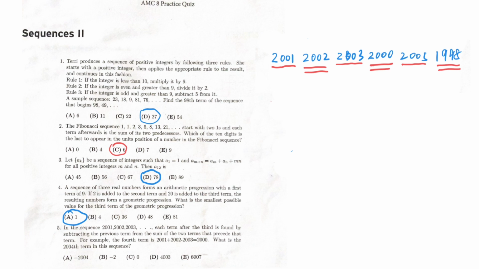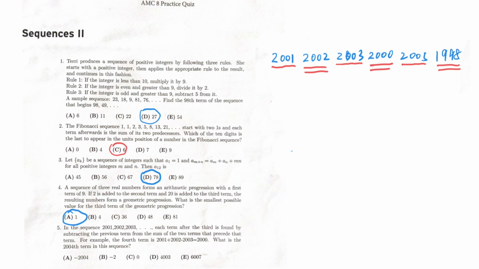The 2004th term, that's for the even terms, will be the 1002nd term, so we use A1002. It equals the first term, 2002, plus n, that's 1002 minus 1, times common difference, negative 2.